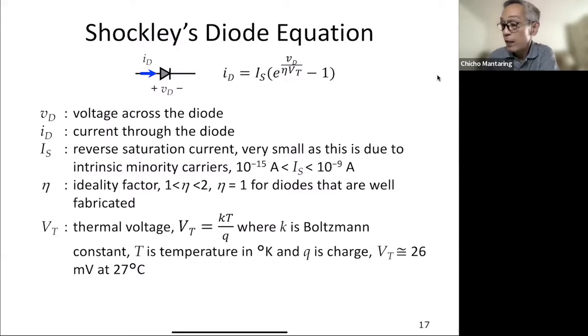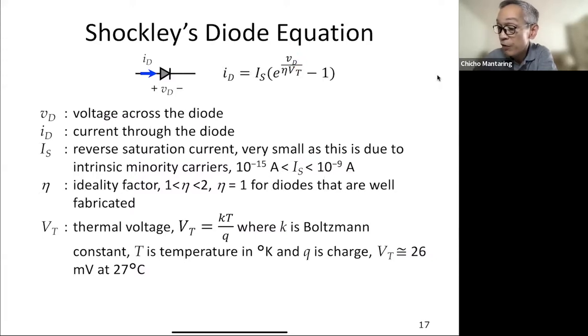This is the relationship that was derived by Shockley, one of the pioneers of semiconductors. This is called Shockley's diode equation. This relates the diode current to the bias.